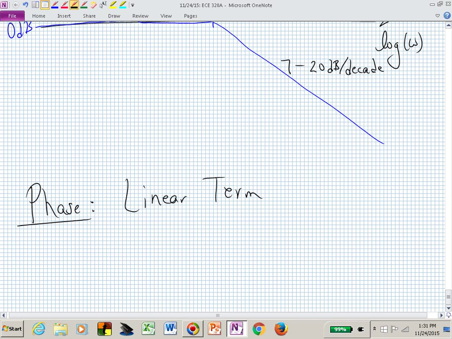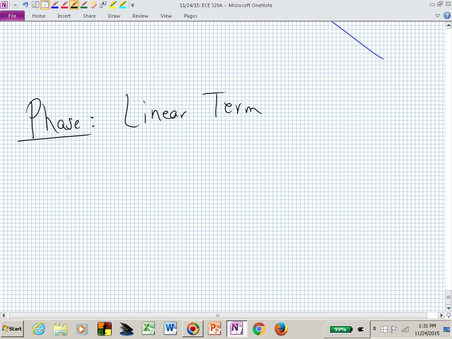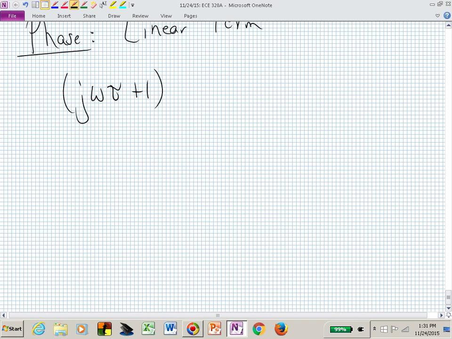Now, let's worry about Goldilocks and phase. That's j omega. Now we have a linear term, and we want to think about its phase. Let's use these extremes.